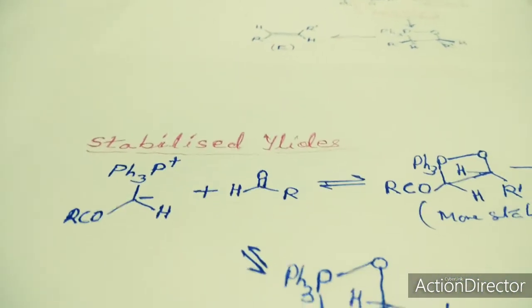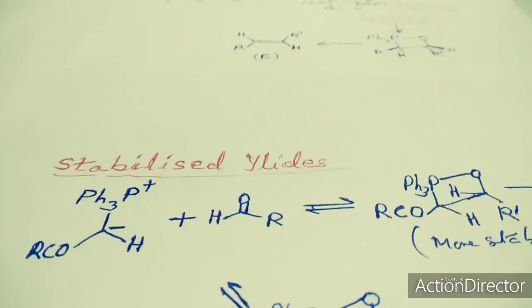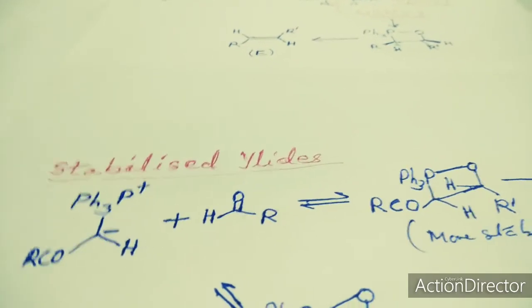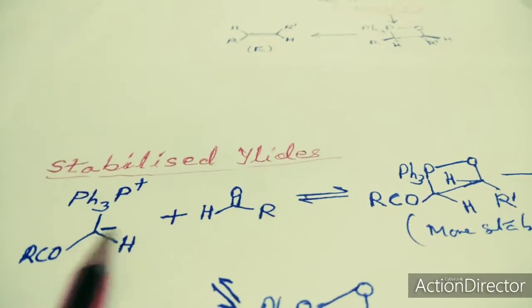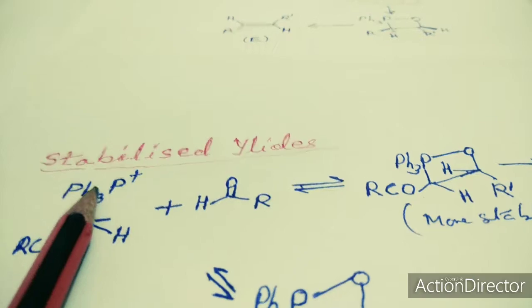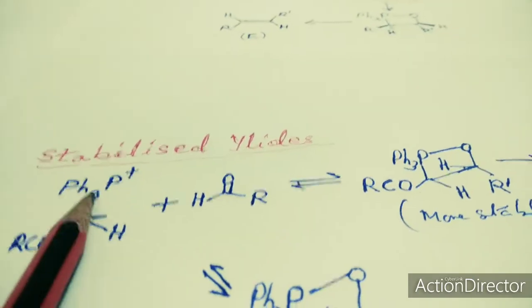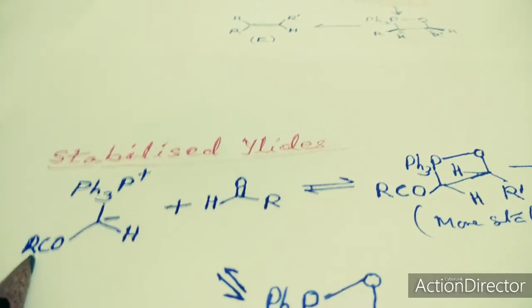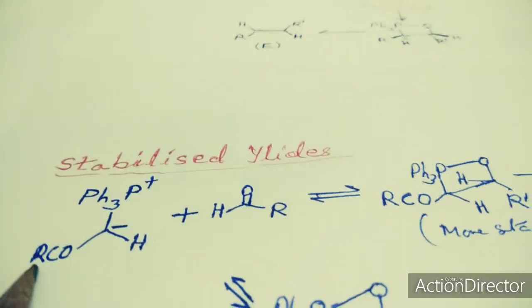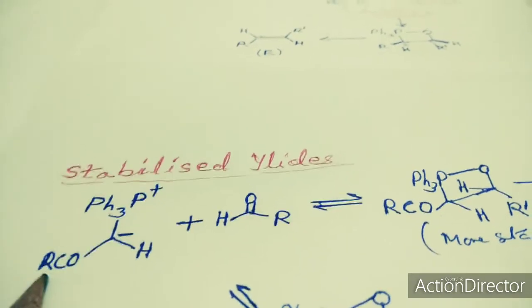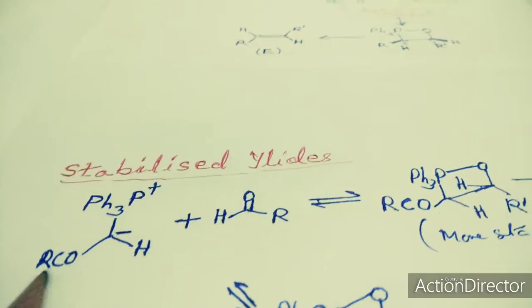that is when our ylide is a stabilized ylide. Now what do we mean by a stabilized ylide? Stabilized ylide implies that the carbon bearing the negative charge, formed in the presence of a base when H positive leaves, which will form a double bond with P positive, is stabilized by an RCO, an ester or something like this, a multiple bond which is electron pulling.